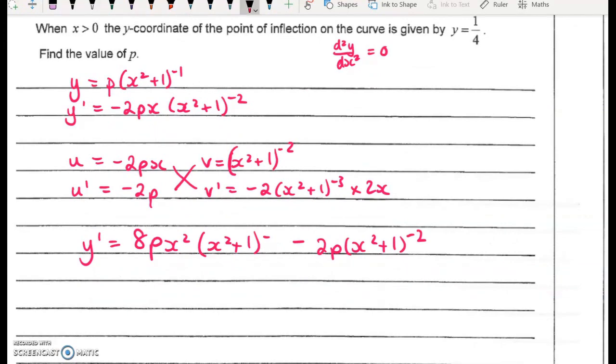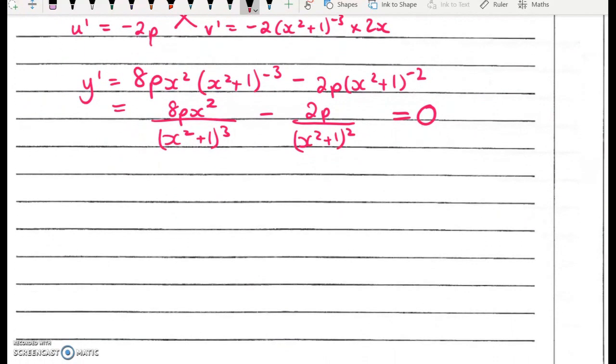This one here should be minus 3 because it was from this v dash part. I wrote it down wrong. Okay, so if we tidy that up a little, we'll put it as a fraction. So we get 8p x squared over (x squared plus 1) cubed minus 2p over (x squared plus 1) squared. And we want to set this equal to 0 so we can look for the point of inflection.